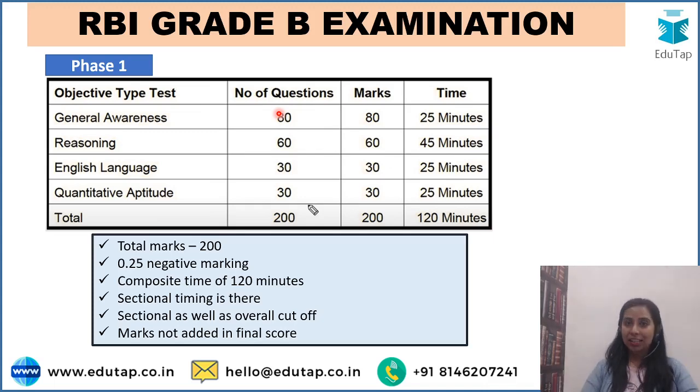So guys, you have to keep in mind, in this phase 1 examination, you have to clear the final cutoff, you have to clear the sectional cutoff, and you have to do these quickly because there is a sectional timing also. Another very important thing to know, this phase 1 marks are not counted in your final selection. This is just a selection phase to make you sit in phase 2.